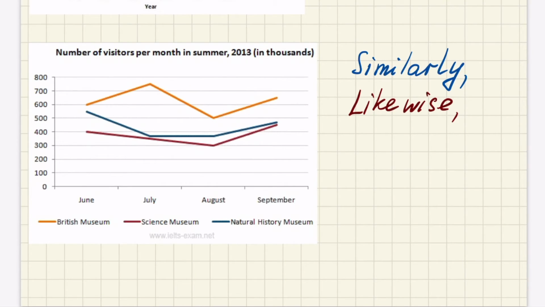So further, we can just say when it is similar. Look at these both lines, the blue and the red lines. So we can use the words similarly and likewise when we compare.